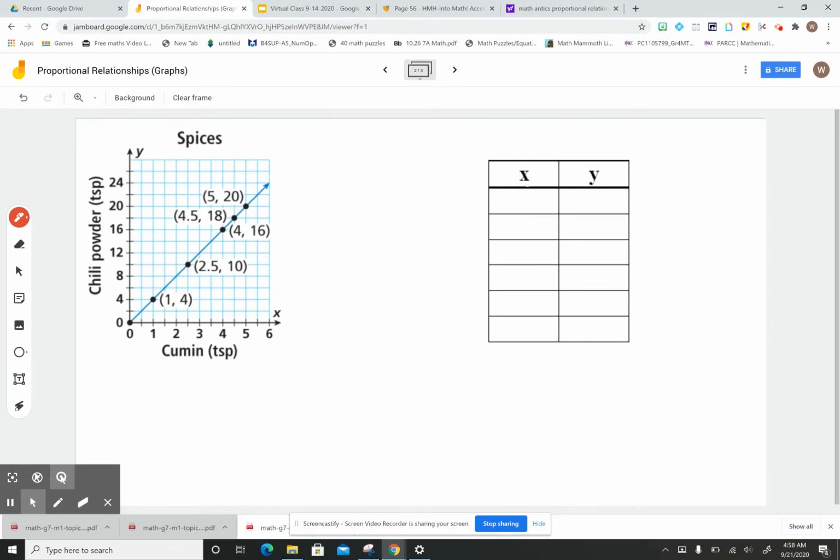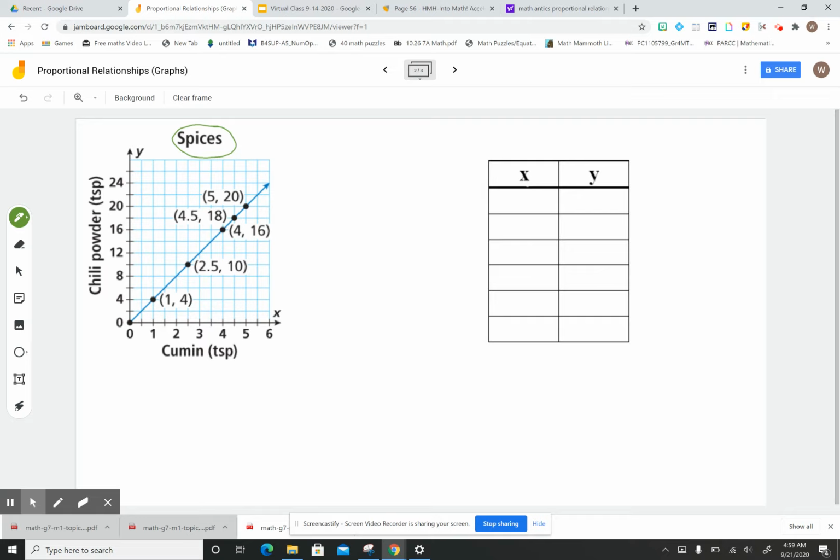Now, in this example, we're going to actually take a graph and we're going to place the information from the graph and create a table. So the first thing I want you to understand is that this graph has a title. It's called spices.